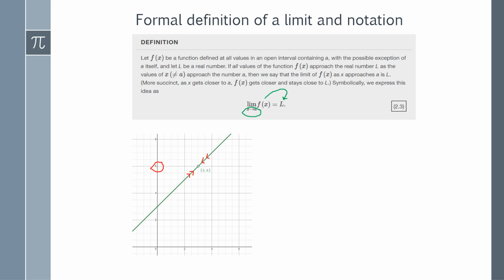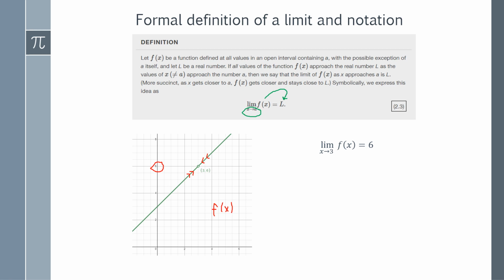So how would we use our notation for this problem? We would say that the limit as x goes to 3 of our function f of x, and if you recall, we did name this function f of x, is equal to 6.